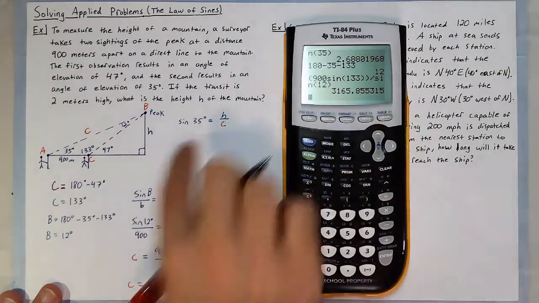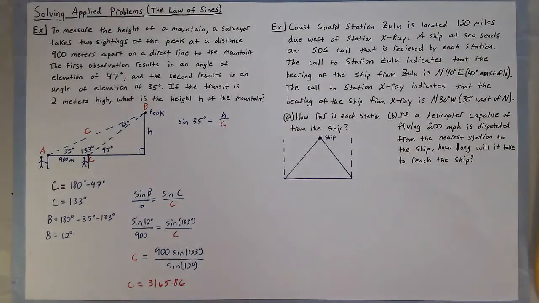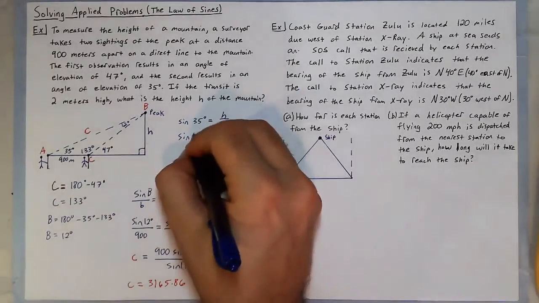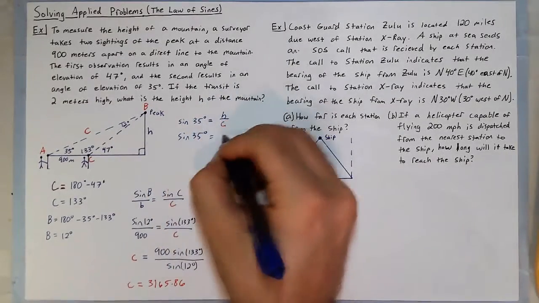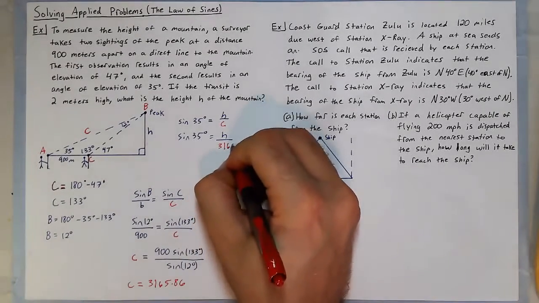So now we go back to the equation I wrote earlier. And I'll see that sine of 35 degrees is equal to h over 3,165.86.